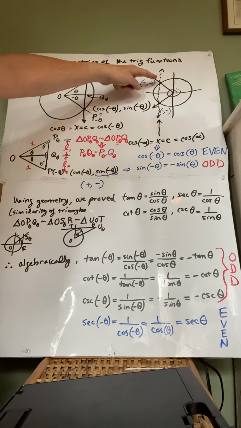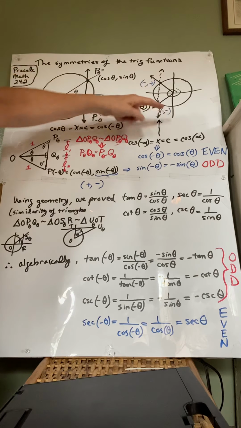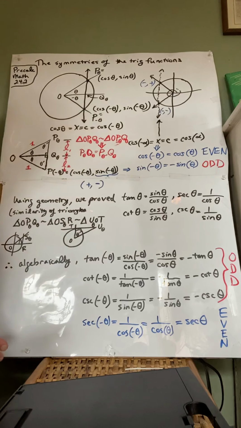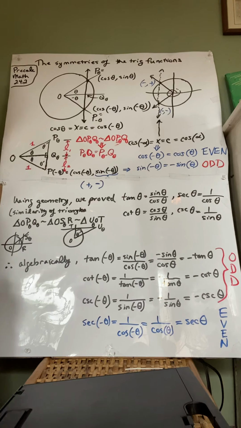Even if this is P sub minus alpha up here, and that will be P sub alpha down here, those y coordinates will be opposite in sign. So regardless of the size of the angle, theta, the sine of the opposite of theta is equal to the opposite of the sine of theta.